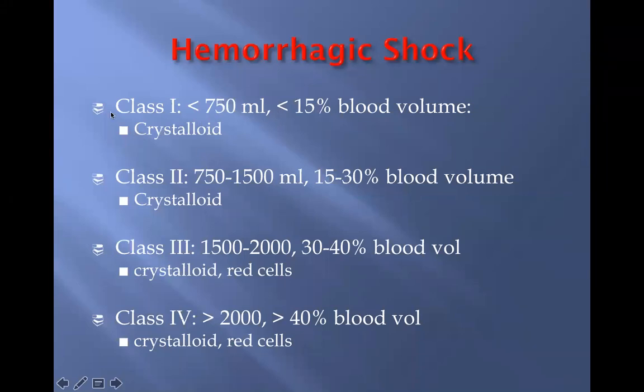If less than 15%, it can be replaced by only crystalloid, and if the loss is from 15 to 30%, we can also use crystalloid. And in this condition, we have to consider the use of colloid. And when the loss is more than 30%, 30 to 40, we have to use blood in addition. And for more than 40, class 4, also we have to use blood.